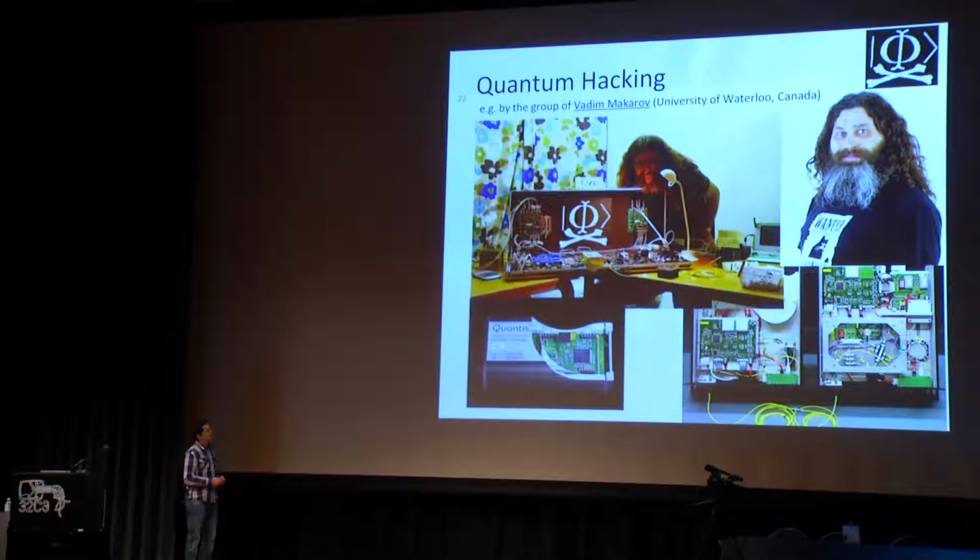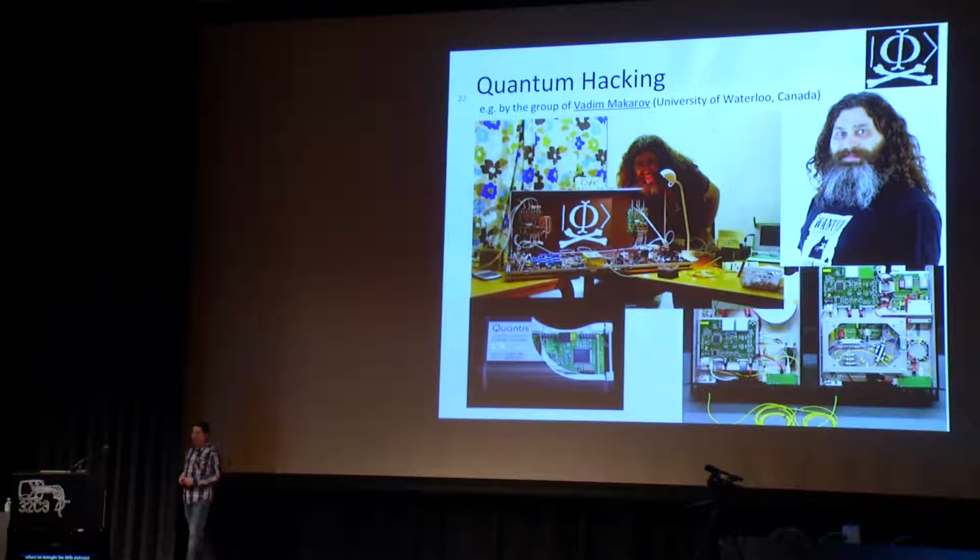And here's a little picture of him at a camp in the Netherlands, at Hacking at Random in 2009, where he brought his eavesdropping suitcase that allowed him to actually hack commercially available QKD systems. I don't want to know how he got through customs with that, but he actually managed. He has lots of stories to tell about this.